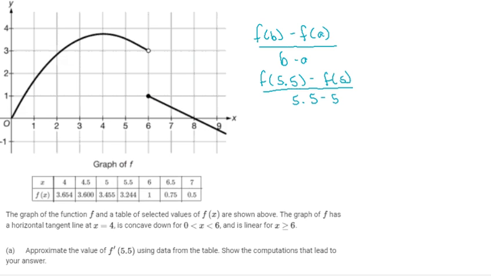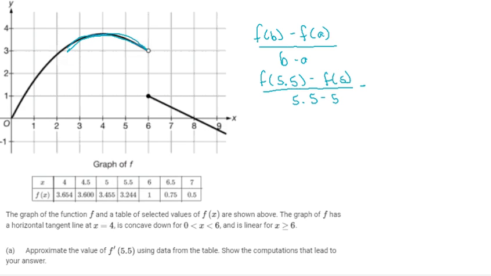A lot of people use the function value down here, or for the closed circle portion, but that is not relevant to this part up here. That is why we do not want to use f of 6. We want to use our f of 5.5, because we're looking at this portion right here, so we don't want to count that other part of our piecewise function.